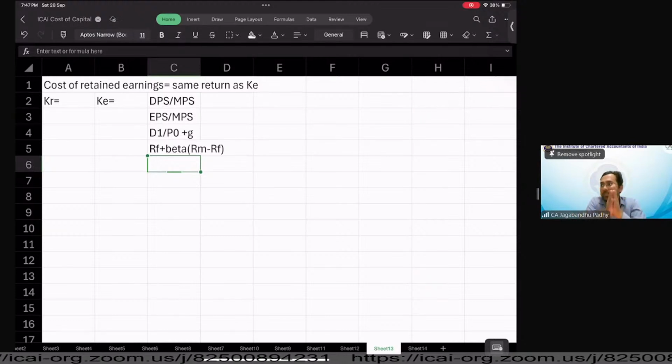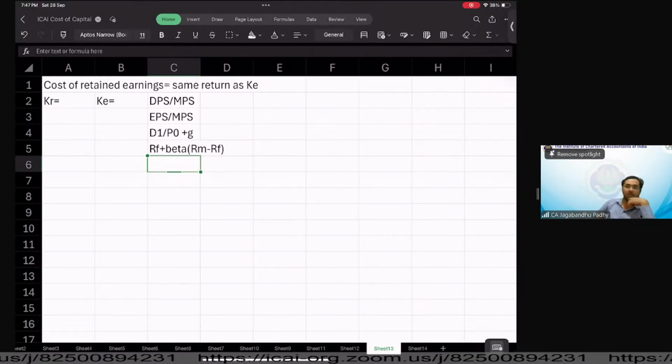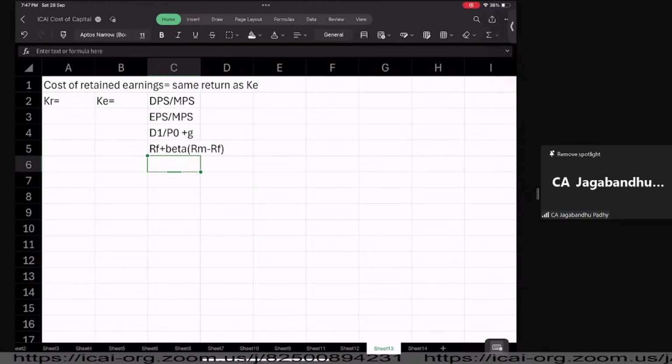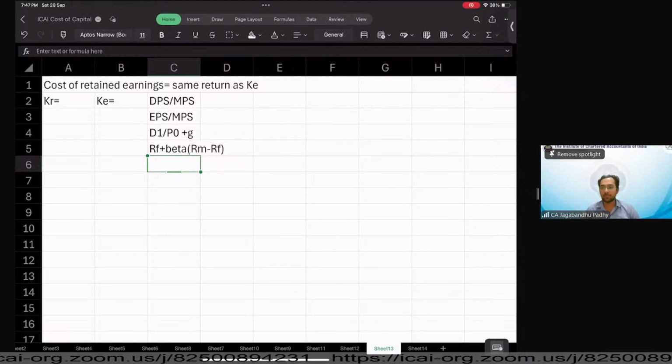Because if you're issuing shares for a price of 100, and you have a flotation cost of 5%, the market price of the share is 100. But what is the amount that you will receive? If 100 rupees is the market price, and 5% is the flotation cost, what is the amount that you will receive as a company?